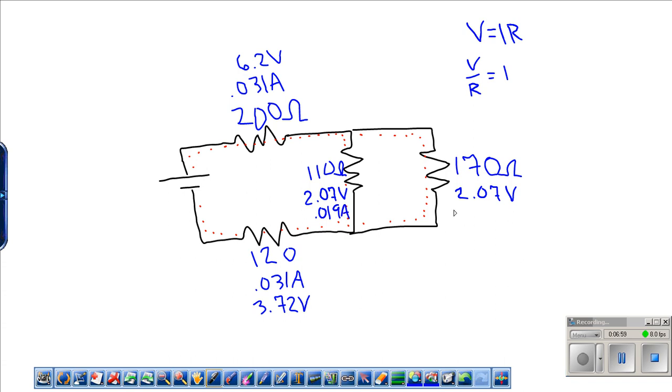And for the 170 ohm resistor, we take 2.07 volts, divide by 170 ohms, and come out with 0.012 amps, or 12 milliamps. Does this seem to make sense? Of course. We have 12 milliamps flowing through this really high resistance path right here, 170 ohms, and in this comparatively lower resistance path, 110 ohms, we have quite a bit more, 19 milliamps.